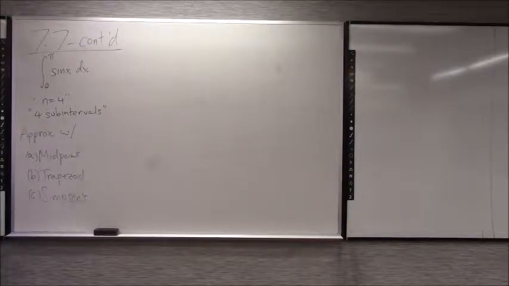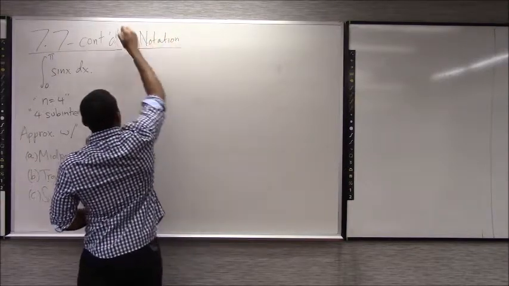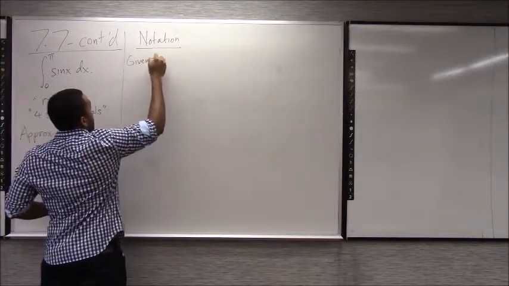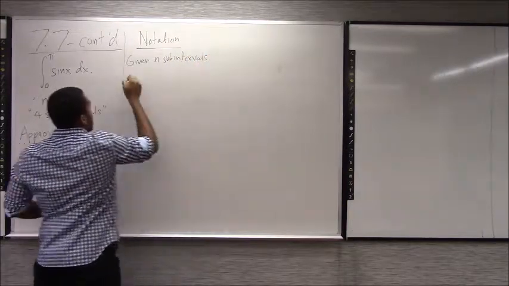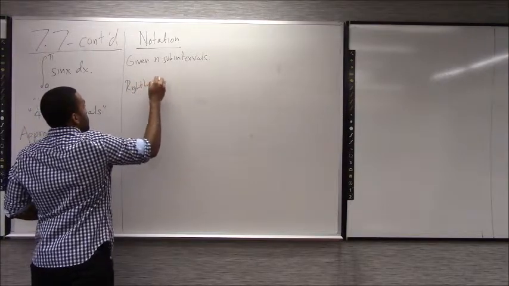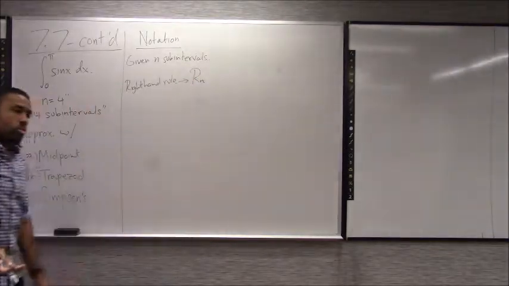Okay, and just a little bit of notation here, just in case I write it down, I want you to know what I'm talking about. So if given n subintervals, if I use the right-hand rule, I would call that R sub n, the right-hand rule approximation, right?